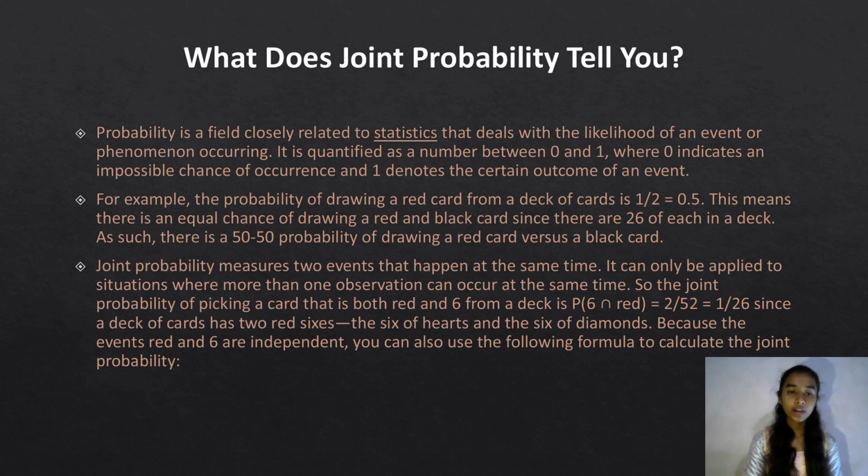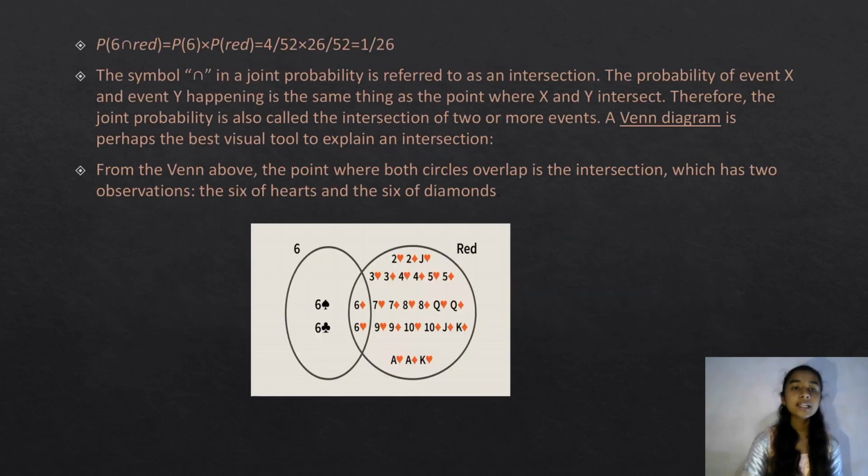Because the events red and 6 are independent, you can also calculate the joint probability using this formula. Here, this symbol refers to the intersection. The probability of event X and event Y happening at the same time is the point where X and Y intersect.